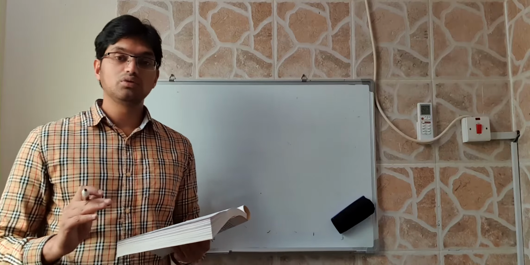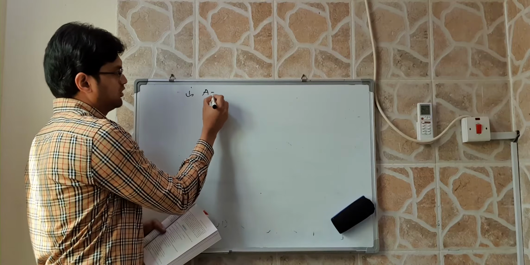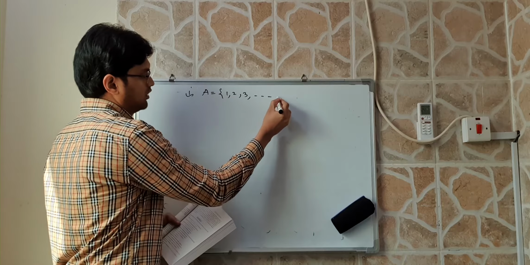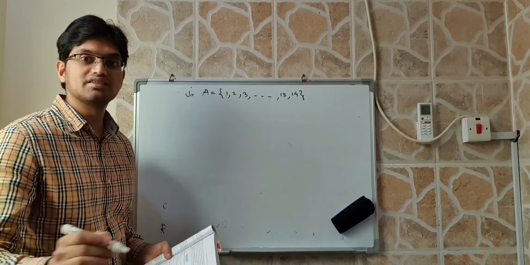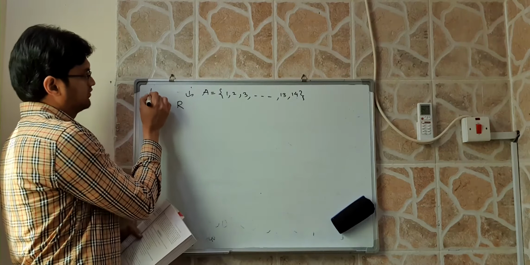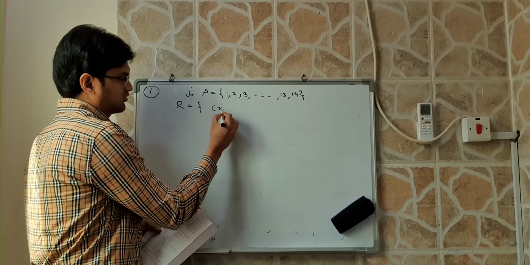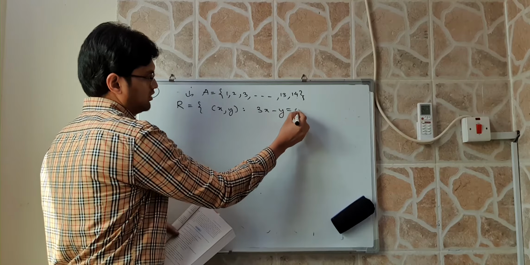They have given you the set A, that is {1, 2, 3, and so on, 13, 14}, and the relation R is defined as {(x, y) : 3x - y = 0}.